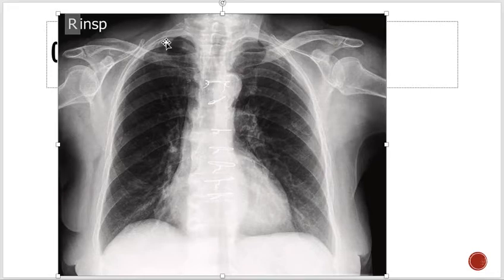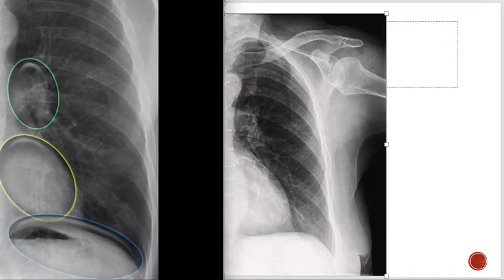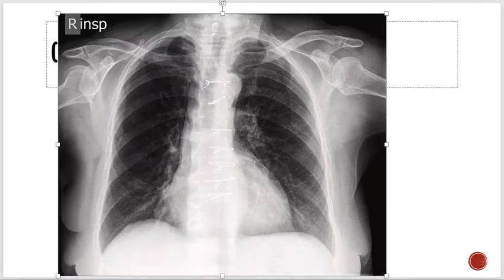Most X-rays are taken in inspiration. So you can find inspiration, expiration, things like this, showing the state of the patient when the X-ray was taken. And then of course we interpret the X-ray based on the scenario in which it was taken.